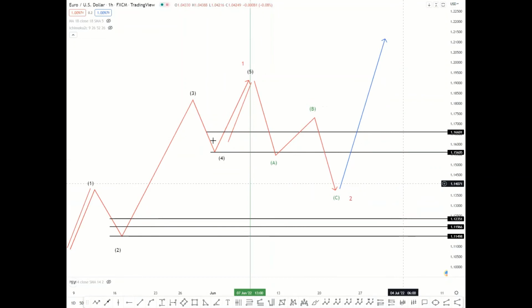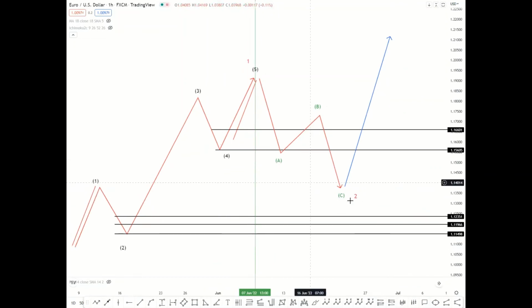So notice that this is 1 and 2. The same rules apply: usually the retracement is 61.8, but we started counting at 50%, 60%, and then 70 or 80.